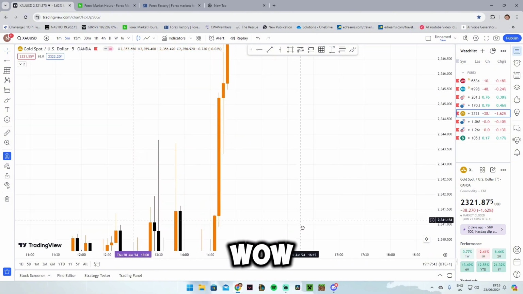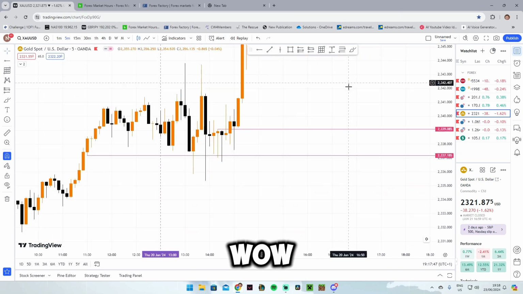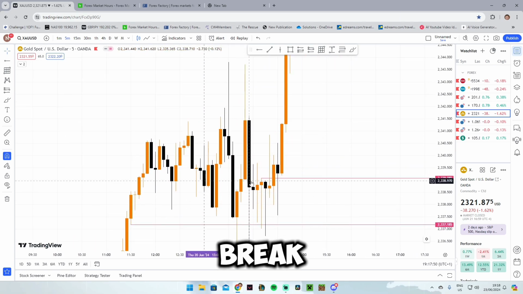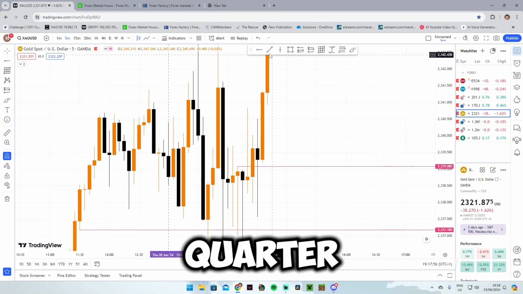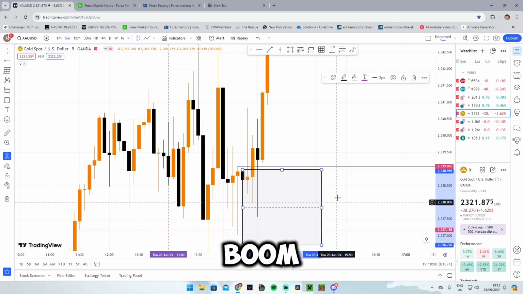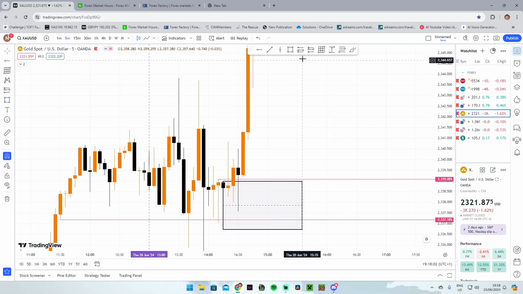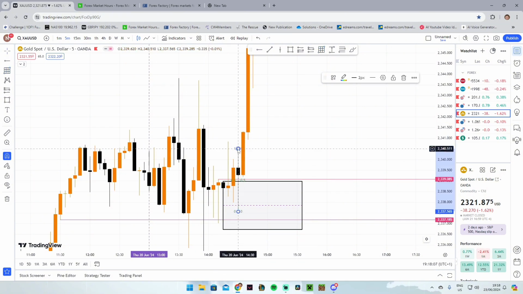Break of structure on this candle. Order block right here. Boom, boom. Equilibrium right here. Bag work.